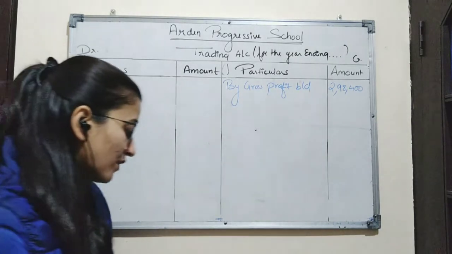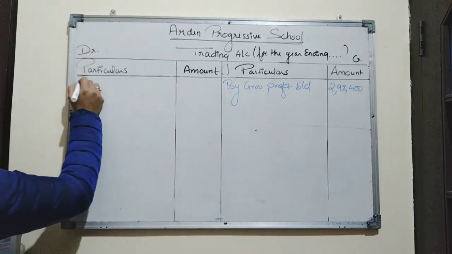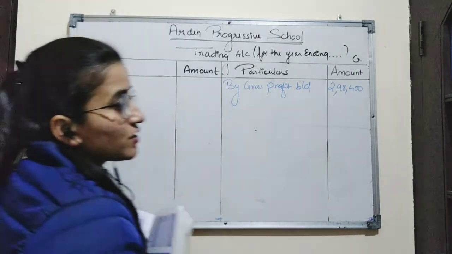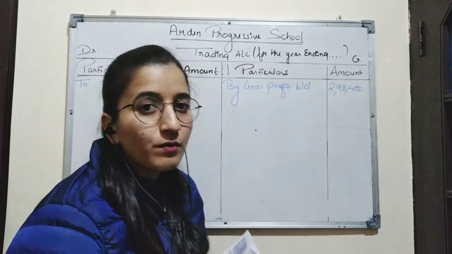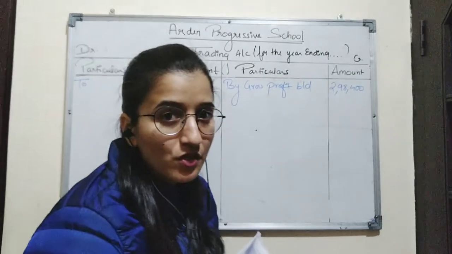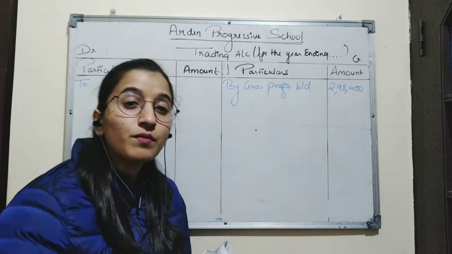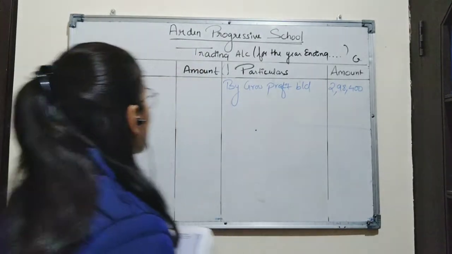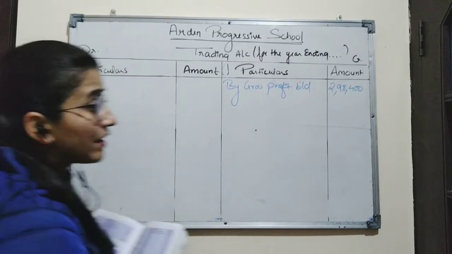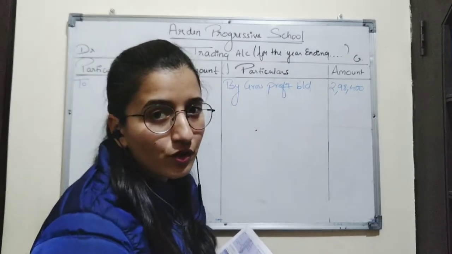Now we will record all the indirect expenses on the debit side according to the question. So the first item will be carriage on goods sold. Carriage on purchases is recorded on the debit side of trading account, because whatever goods have been purchased, they are purchased for the purpose of resale. So it is considered as direct expenses. Here we are given carriage charges on sale of goods.